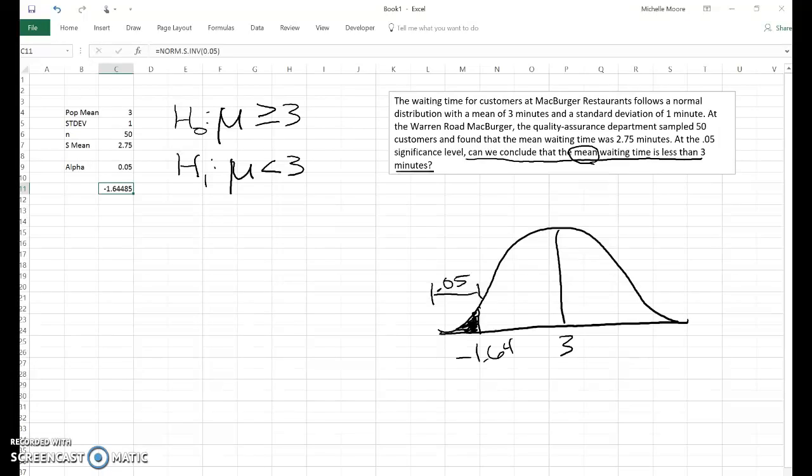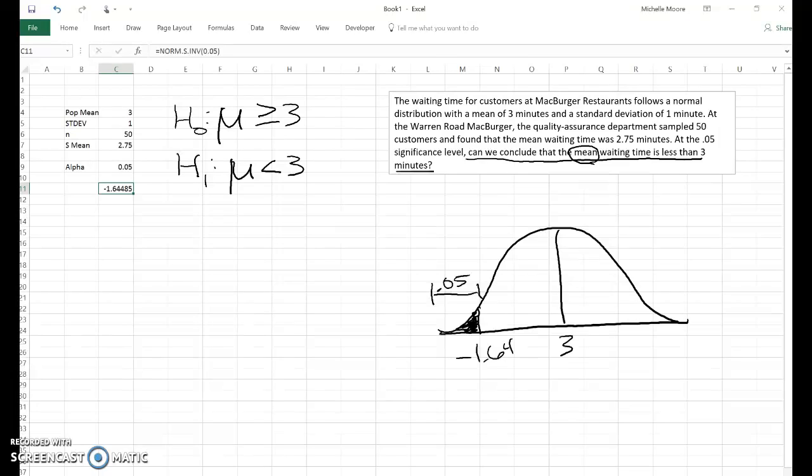Negative 1.64. Just remember that in Excel, it starts on the left side of the curve and moves to the right. So if I was in the right tail, I would put in 0.95 because I have 5% left at the top. So just be aware of that. Our decision rule is, if we get a z value in our calculation that's less than negative 1.64, then we would reject the null.